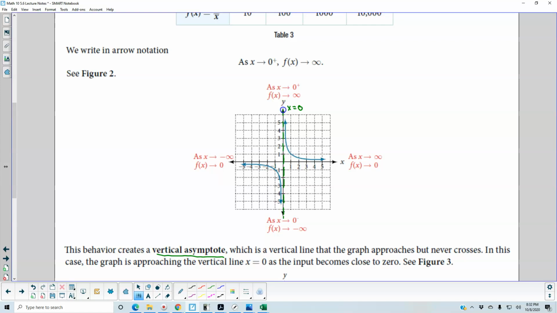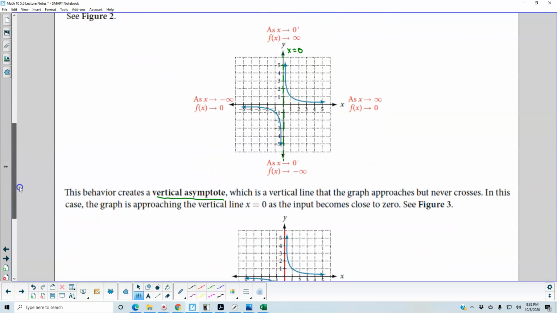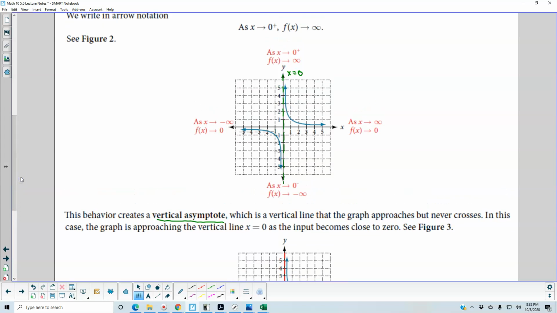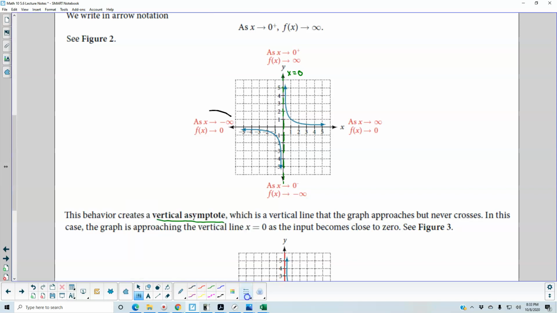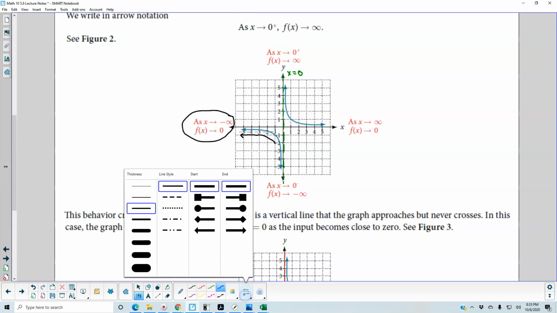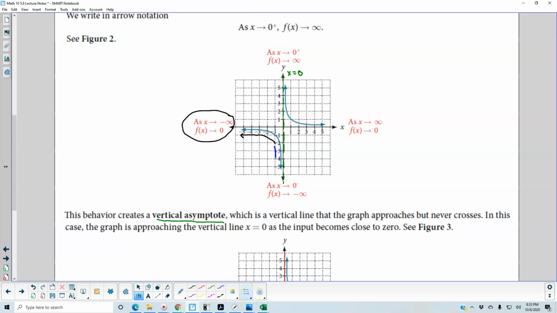Now we can also see here, if we take a look at the graph, let's take a look at each particular scenario. What it's saying here is that as x is approaching negative infinity, the function is getting closer to 0. So as x is approaching negative infinity on the x-axis, the function is approaching the value of 0. Now let's take a look at this scenario here.